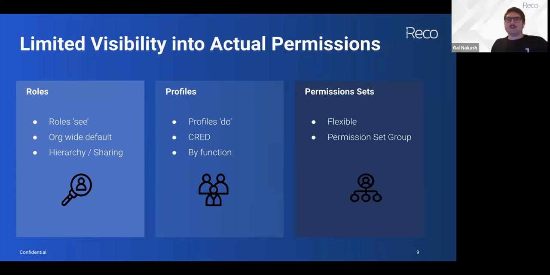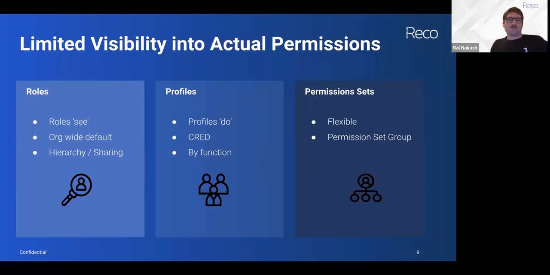And in addition to CRUD, specifically with profiles, you have view all and modify all selected for all objects in Salesforce. And this is a famous breach with the guest users that had this profile that enables guest users to modify and read all the data in Salesforce.